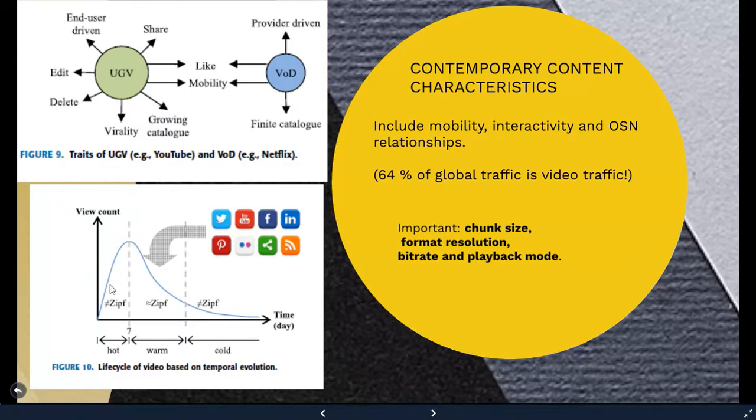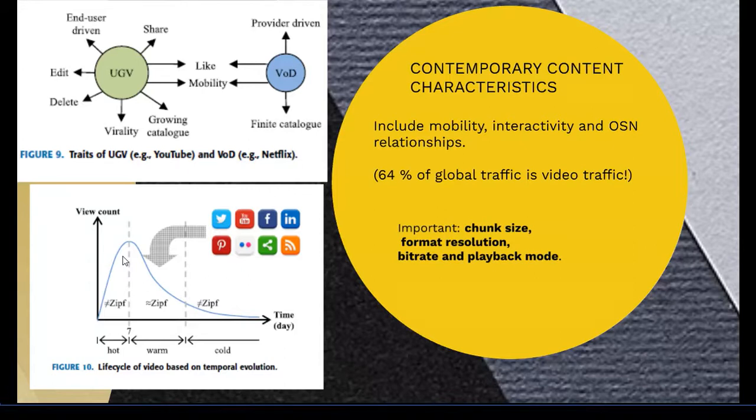So we can see that each video goes through three different phases. The first phase is the hot phase, where at the initial stages the video goes viral, and it frequently appears in the recommendations list and in the search list.